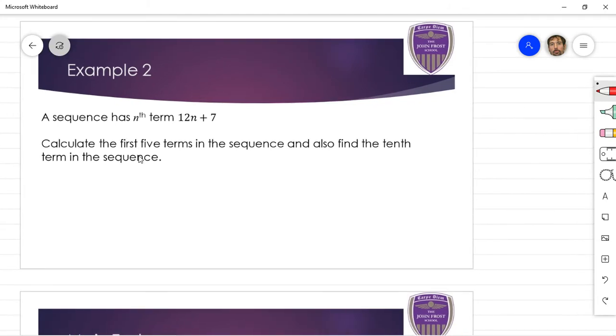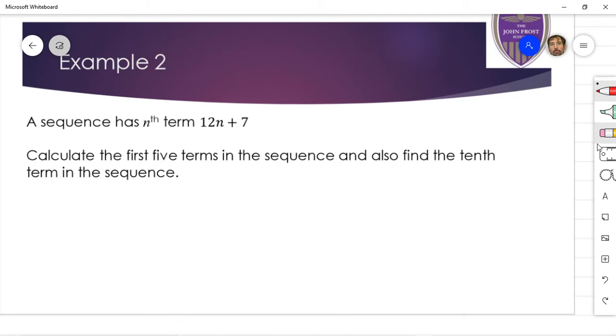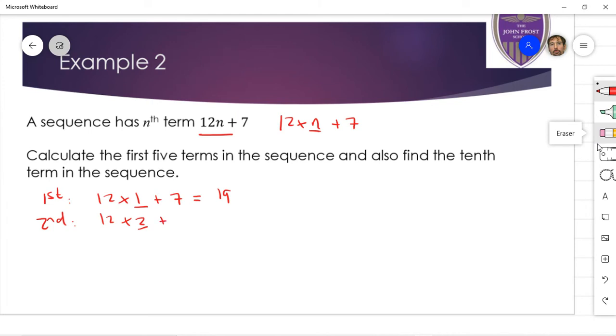Example 2. Perhaps you should pause the video, have a go, and come back to me in a short while. All right then, so this one, 12n add 7 means 12 times n add 7. So the first term is 12 times 1 add 7, which is 19. The second term is 12 times 2 add 7, which is 31.